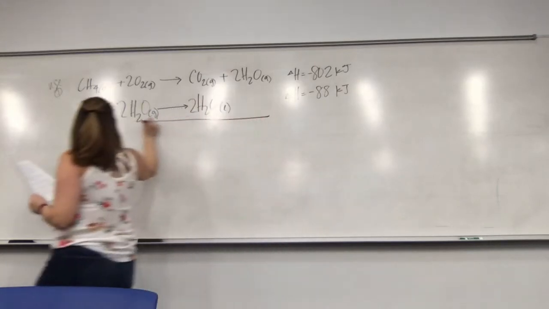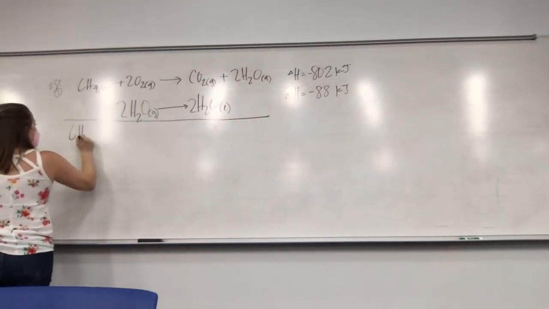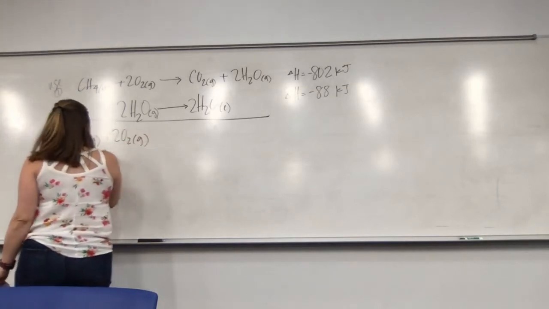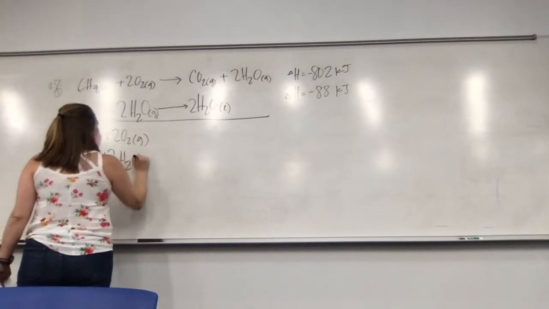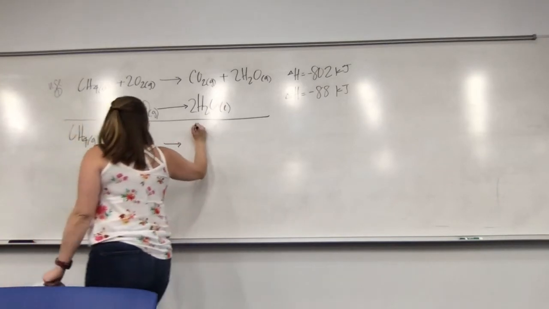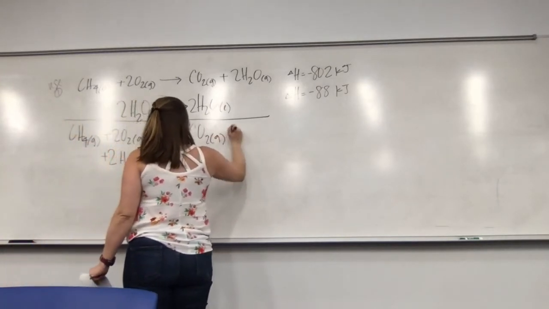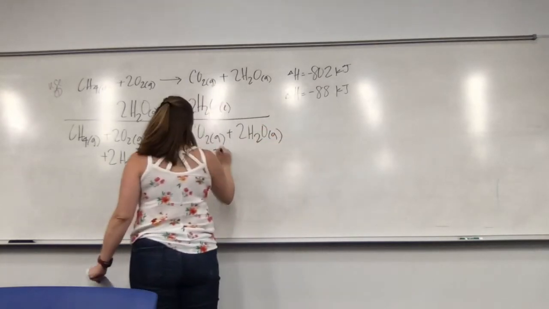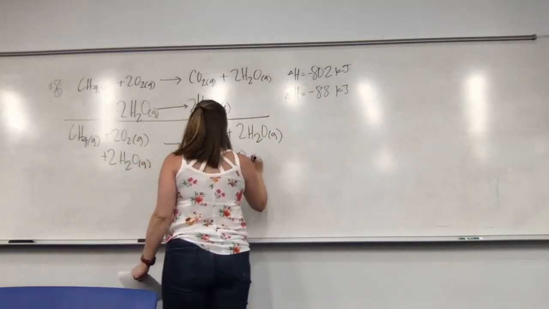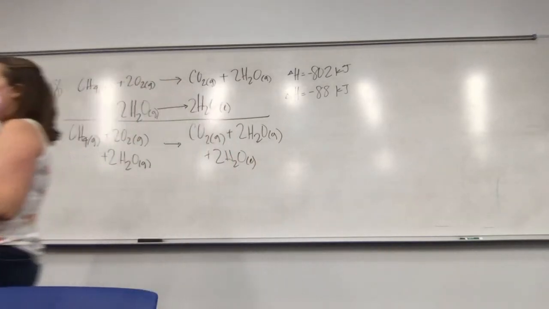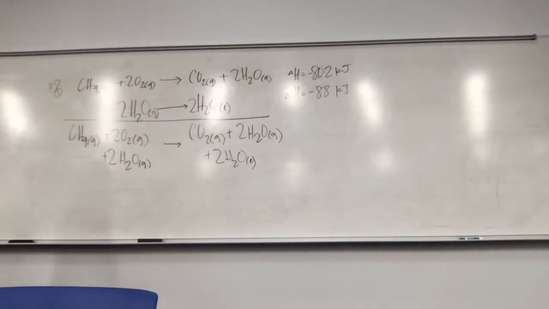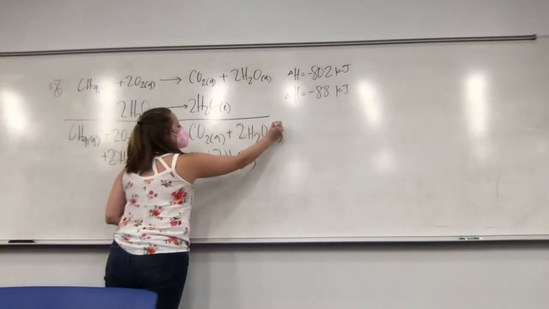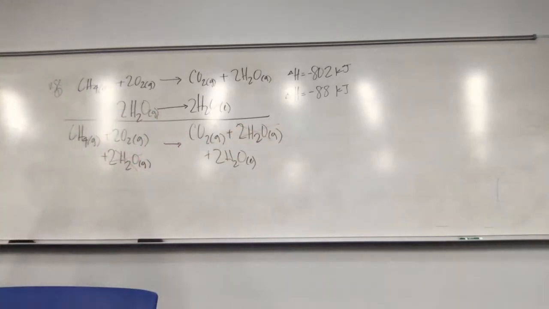So we're going to add these up. We have CH4 gas plus 2O2 gas plus 2H2O gas, giving CO2 gas plus 2H2O gas plus 2H2O liquid. And if your arms are tired, that's normal. From here, we can cancel out anything we see on both sides, which is just the 2H2O gas.